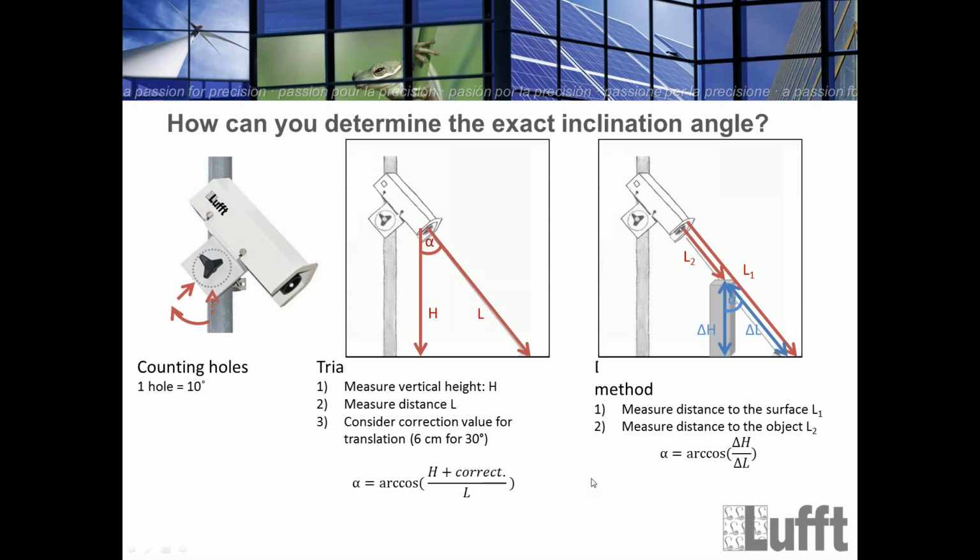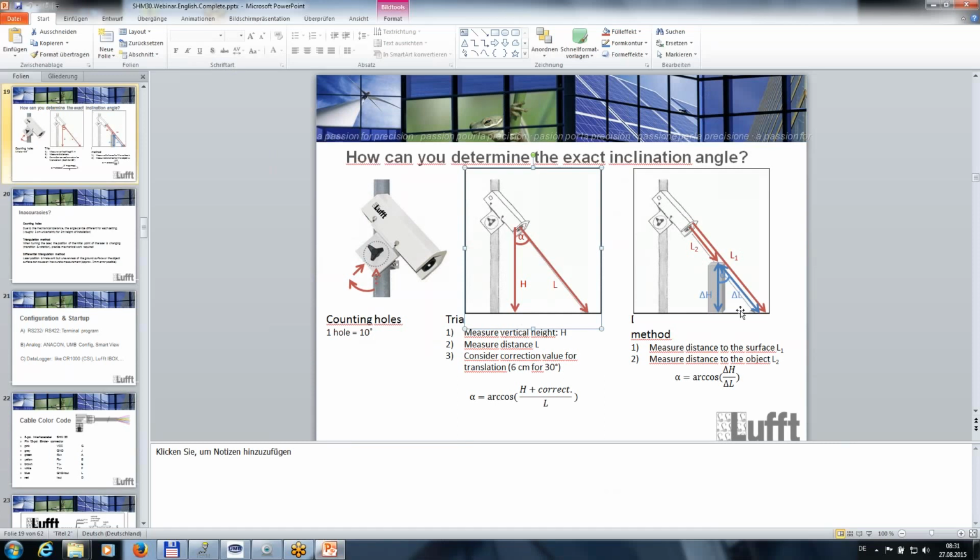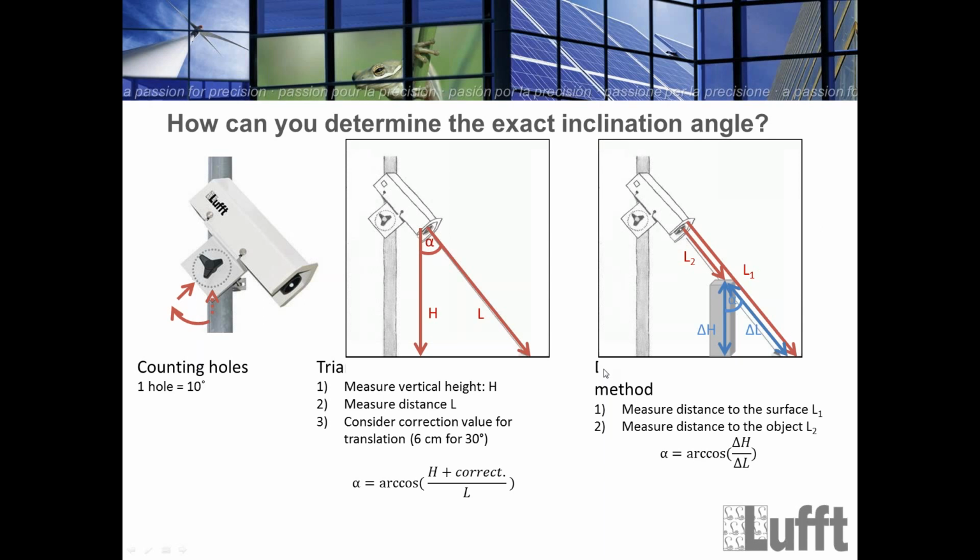With these different measurements, you have one measurement which is the L, one with the H. But of course you do this rotation, and you have a rotation angle, and you also have a translation, because when you rotate, you don't rotate it directly where the laser beam starts.